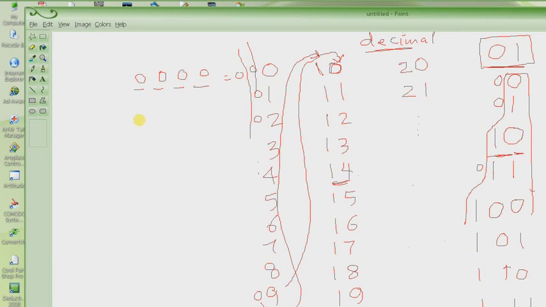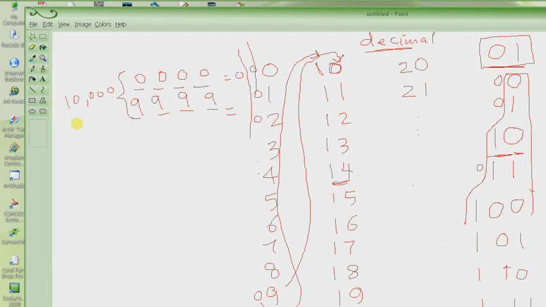And what's the largest number I can write in these 4 decimal places? It's 9 9 9 9, which is 9999. So in 4 decimal places, I can go from 0 all the way to 9999.